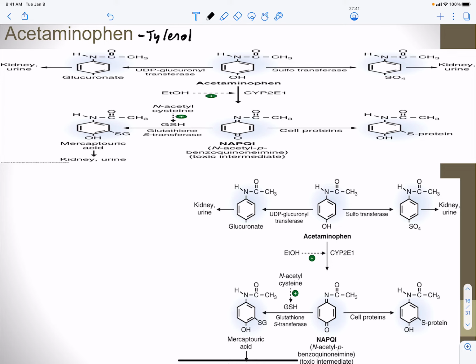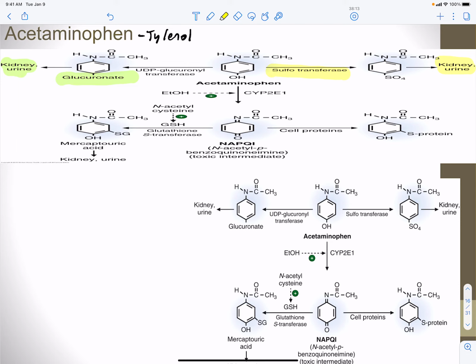Tylenol is going to be metabolized by the liver and is going to be safely excreted. However, if it's taken in at high doses, it can be toxic. Tylenol is going to be glucuronidated or sulfonated for excretion. So you can add glucuronide, and then it'll go to the urine and kidneys. And you can also add a sulfate, and it'll go to the urine or kidneys. And then you've dealt with acetaminophen.